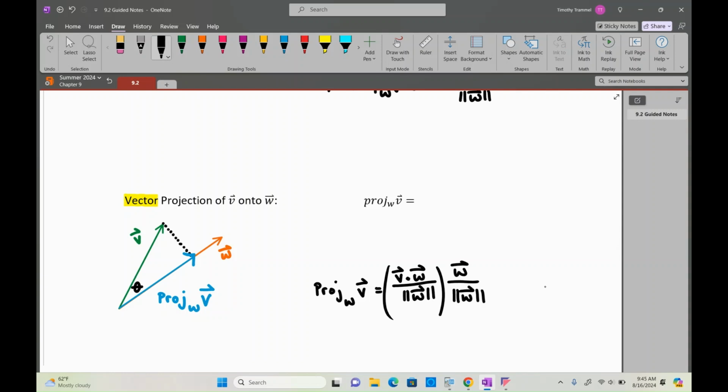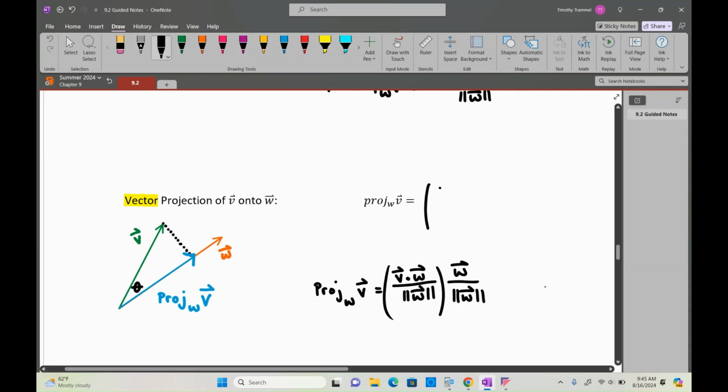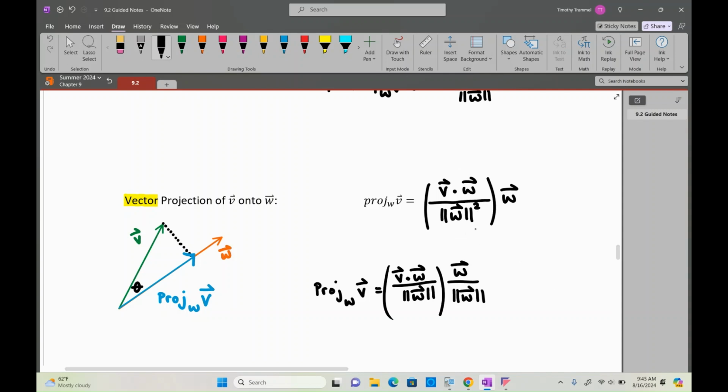I'm going to rewrite this now as v dot w over the magnitude of w squared. And then I want to multiply this by the vector w. So again, this is all scalars in here after we dot v and w. So this is a scalar times the vector w.